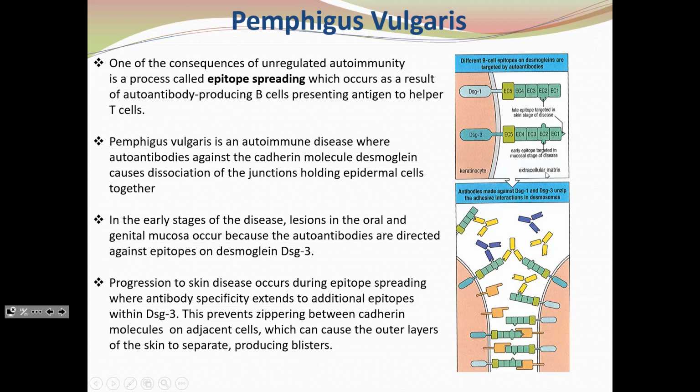And so with additional autoantibodies specific for other epitopes along these desmoglein molecules, basically these antibodies then block the zippering of this adhesion molecule, preventing cells to stick to each other. And so you're getting the skin layers coming off because they're not joining with each other. And so you're getting this condition.